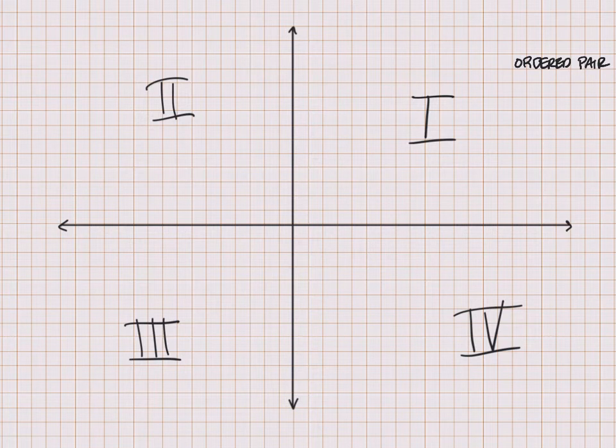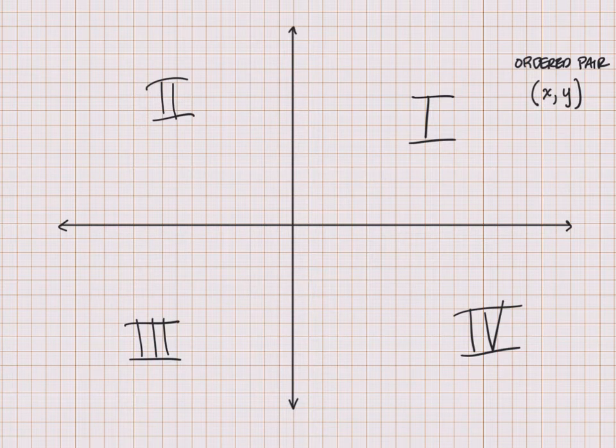And that ordered pair, when we write it like this: some x value, comma, some y value. And it's always going to be x first, y second. A good way to remember that is if you think about the alphabet, x comes before y, just like x comes before y here in the ordered pair.